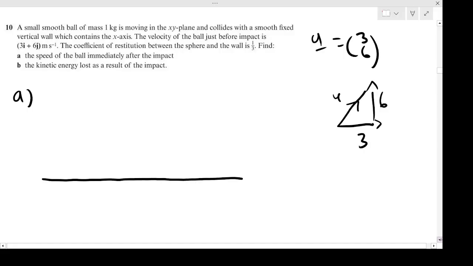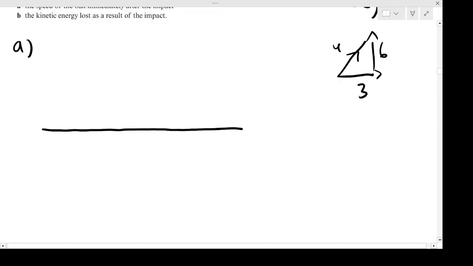So actually it's going to hit the wall something like this. And then afterwards it's going to rebound off the wall. It will look something like that. So that's going to be my vector v there. Okay, so hopefully happy with that.